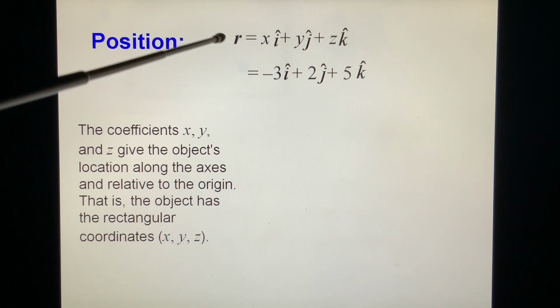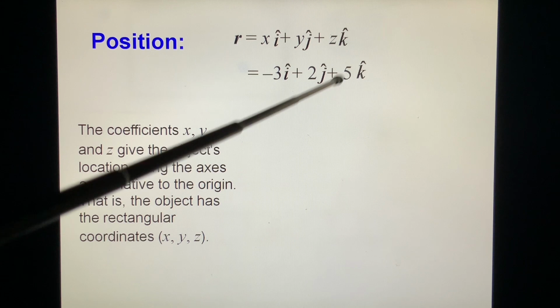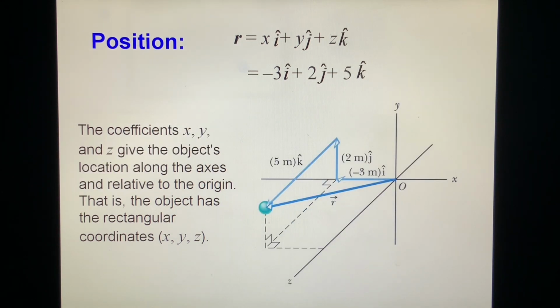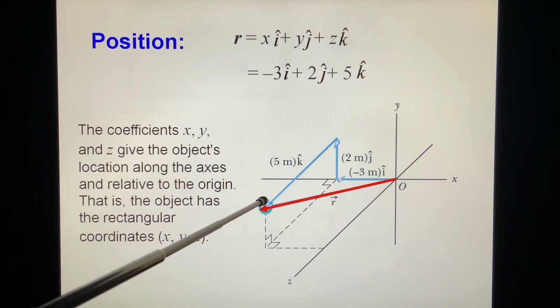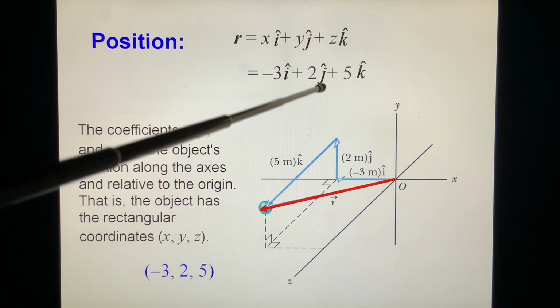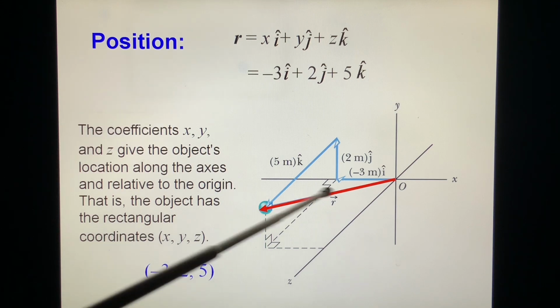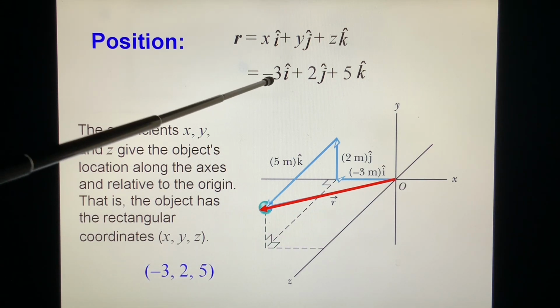For example, if r equals minus 3i plus 2j plus 5k, this means this point is here, and its location is minus 3, 2, 5. That means the projection on the x-axis is minus 3.